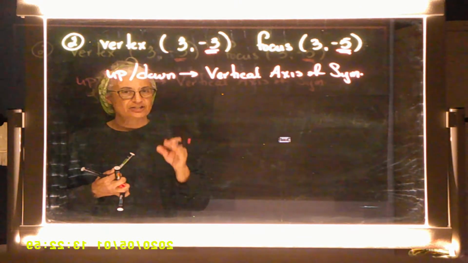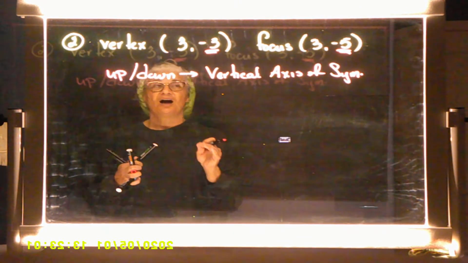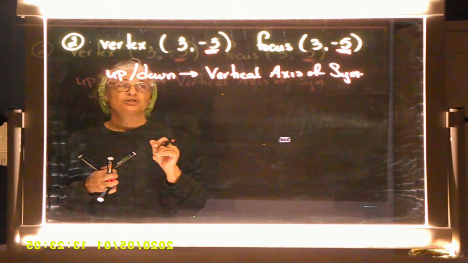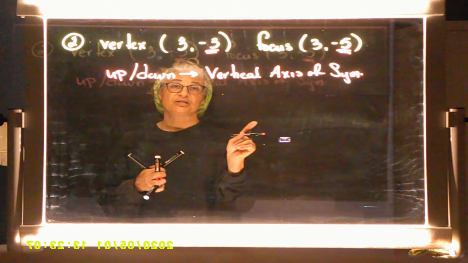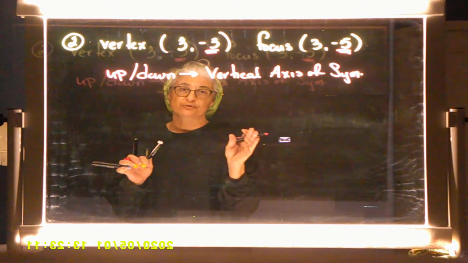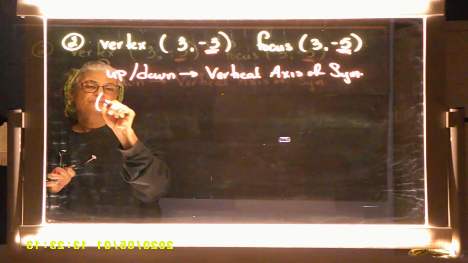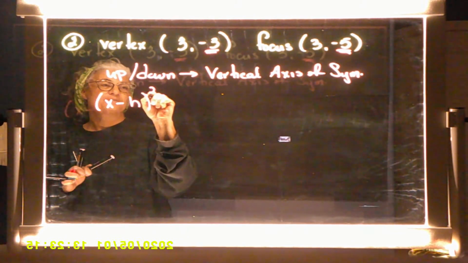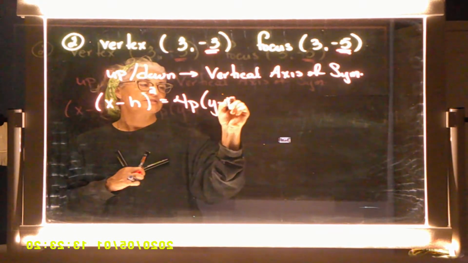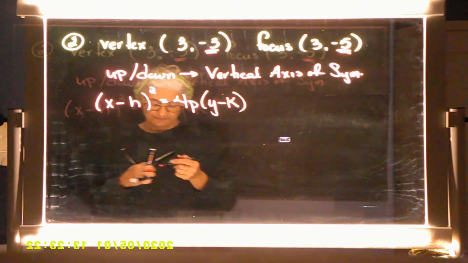Which means I need to know my standard equation of a parabola that goes up and down. Since the y's are changing, that means the y's are not squared. So that means we have x minus h squared equal to 4p times parentheses y minus k.